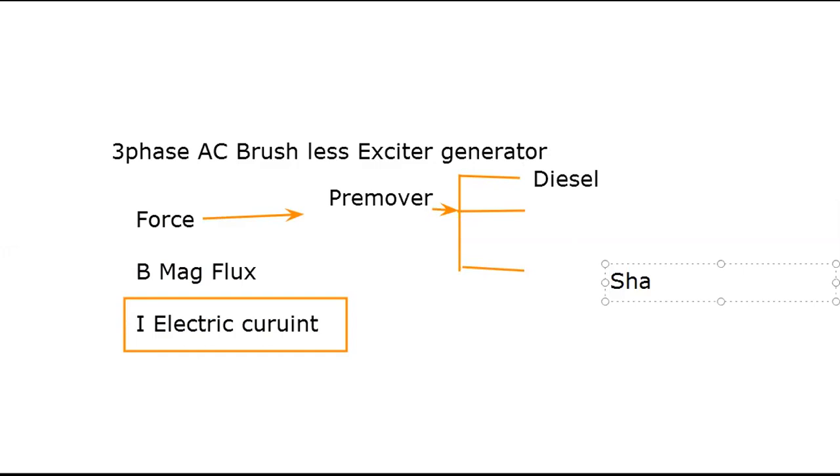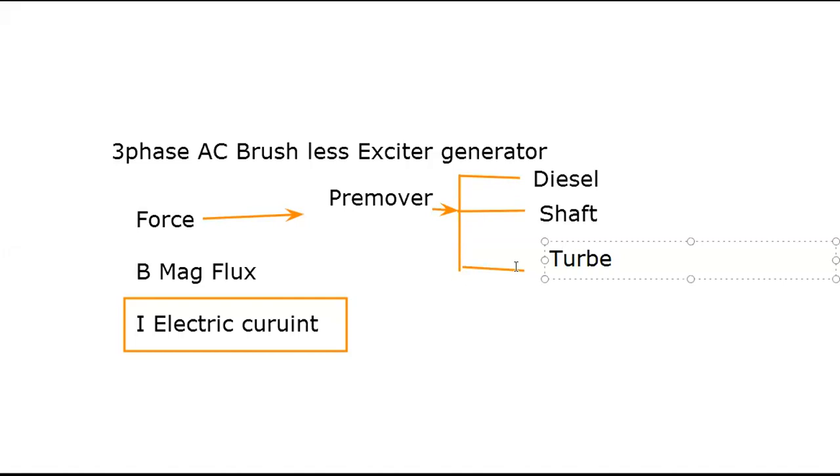And it can also be from a gas or steam turbine. With any type of prime mover, we can get the motion of the generator shaft by using any of these methods.